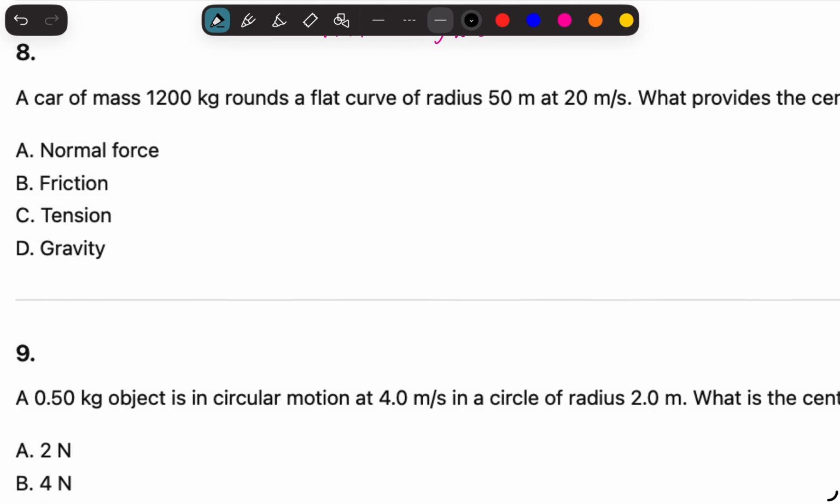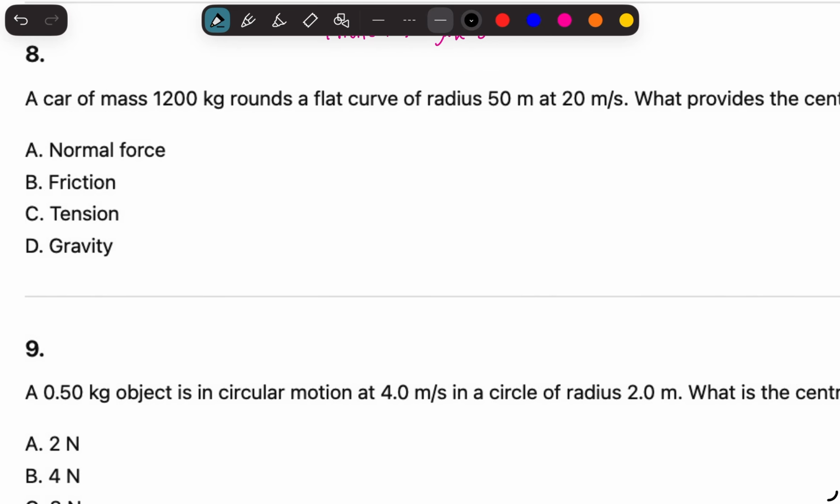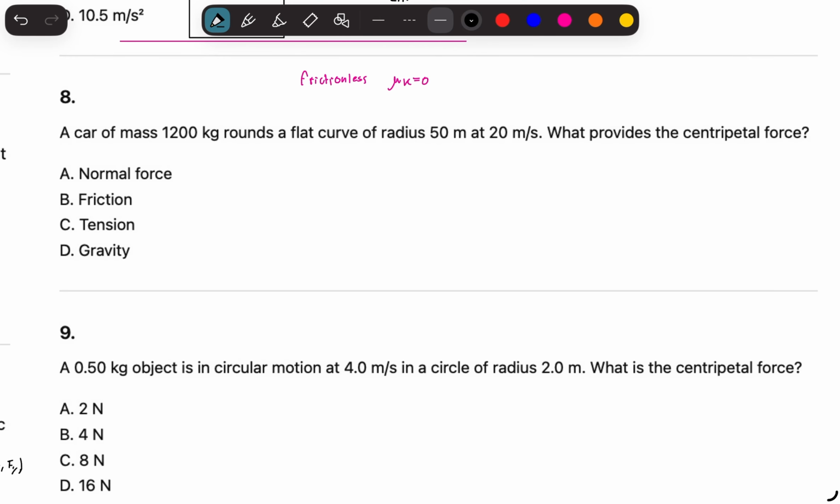A car of mass 1,200 kilograms rounds a flat curve of radius 50 meters at 20 meters per second. What provides the centripetal force? So you're on the road and you're going on a curve like that. So let's say you're like this person right here.